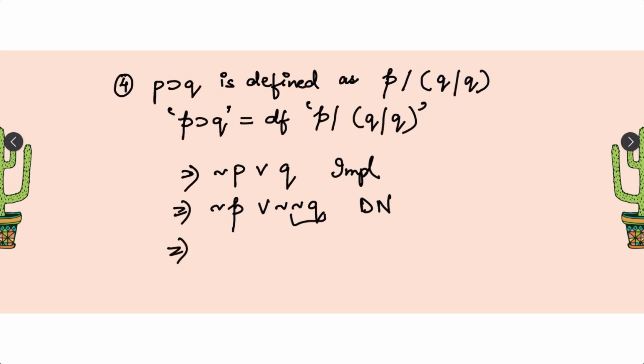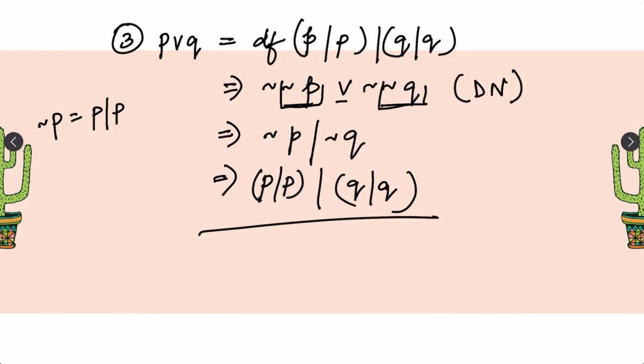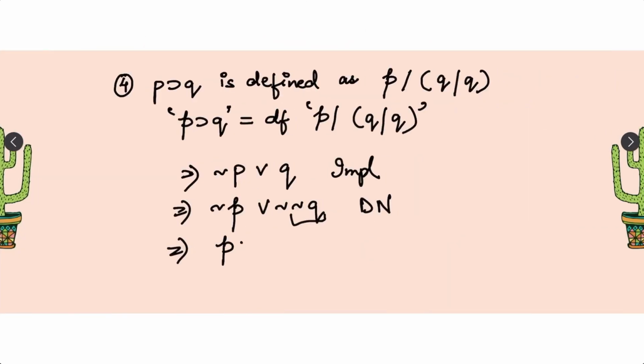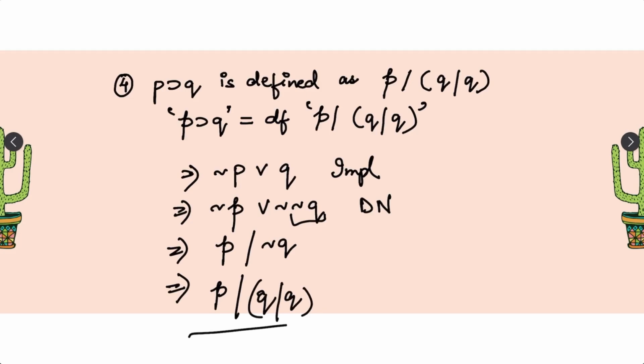And then negation p wedge negation q, that means you get p wedge negation of q, sorry, not wedge, p stroke negation of q. So after negation of q comes, p stays as it is, and in place of q we write q stroke q, writing q 2 times, and then your final answer is here. So this is what comes from your formula.